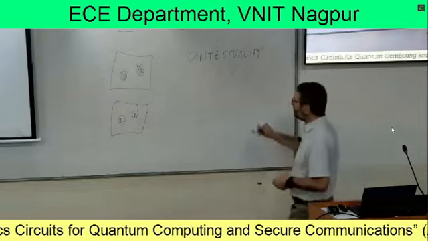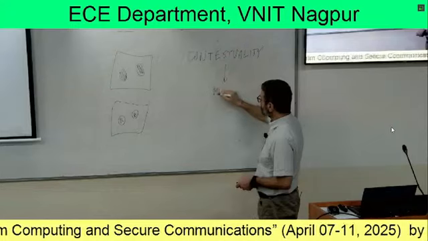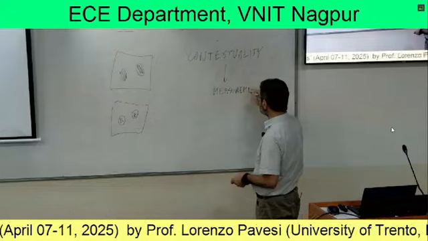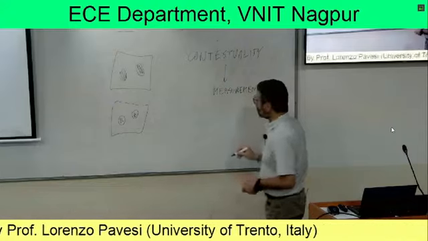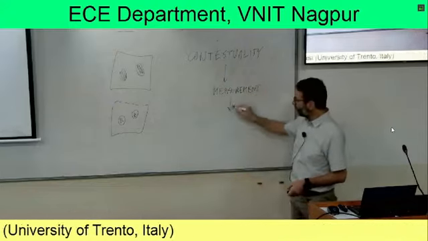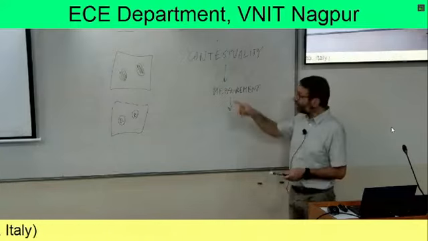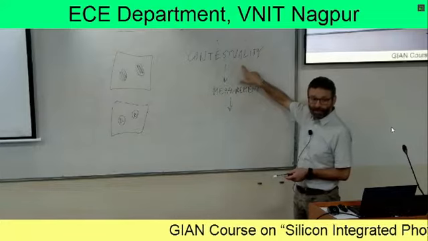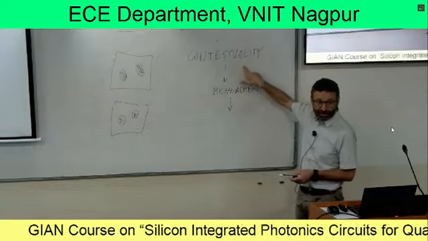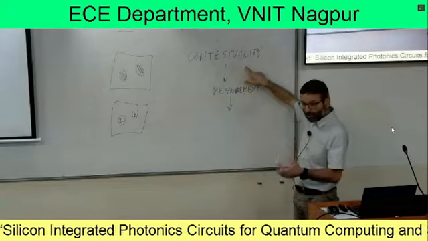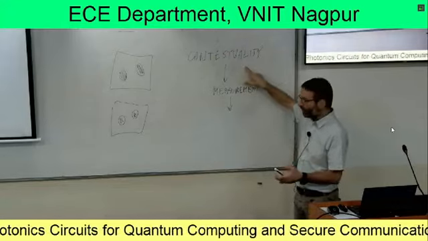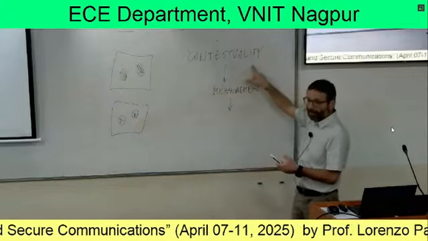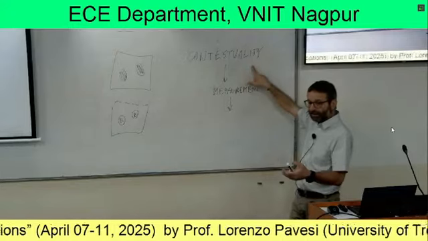So contextuality means that the color of the ball is determined during the measurement. The property of the ball depends on the context, on the measurements that I'm doing. It's not predetermined a priori.